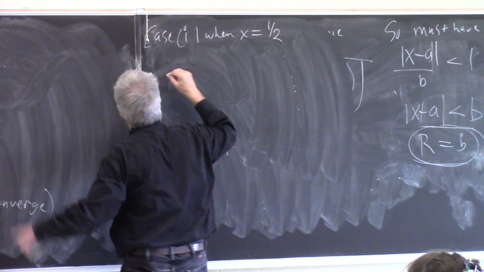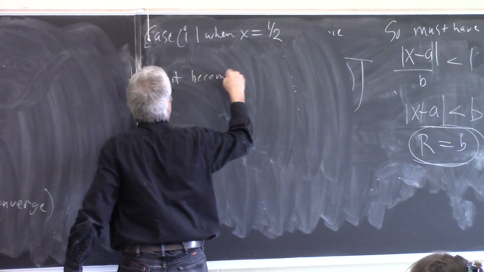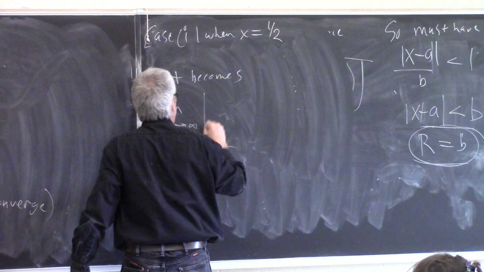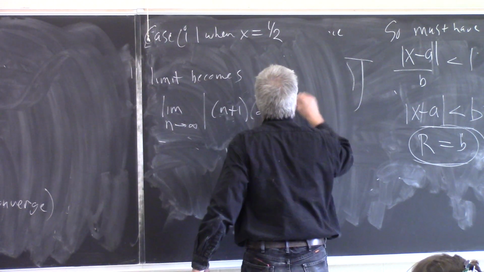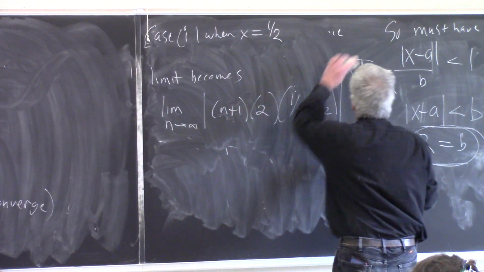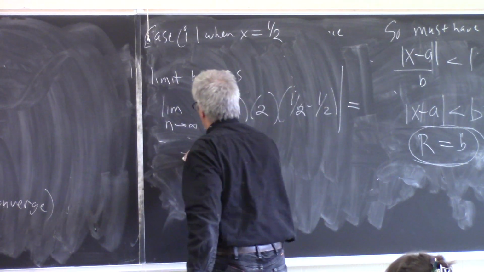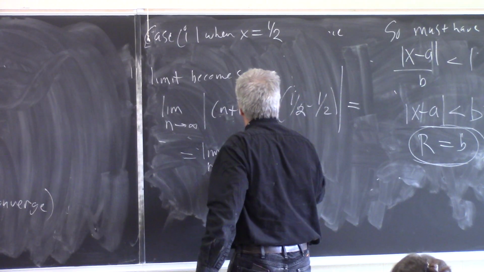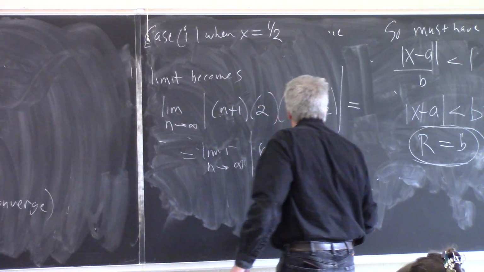So in that case, the limit becomes the limit as n goes to infinity of the absolute value of n plus 1 times 2 times 1/2 minus 1/2. Oh, but 1/2 minus 1/2 is just 0. So this is the limit as n goes to infinity of n plus 1 times 2 times 0.